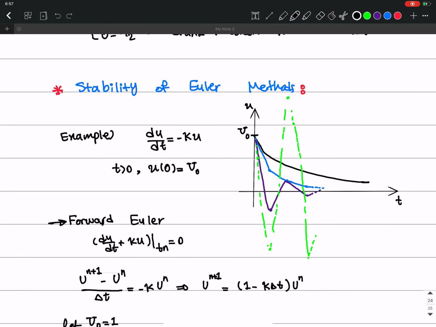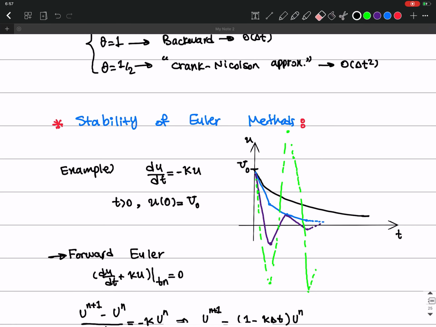Okay. And here, maybe the analytical solution, yeah, the analytical solution here, I mean, it could have been a little bit closer to the actual solution. I could have plotted it a little bit closer to that, so you can understand it better.